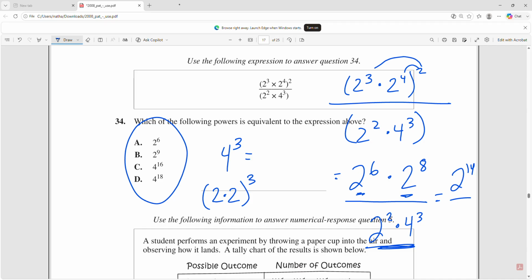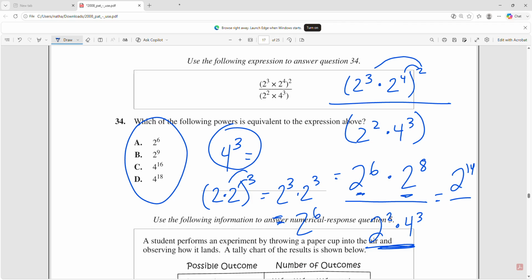So that's the same as writing, we have that cubed and that cubed, right? Same as we did before. So that would be the same as saying 2 cubed times 2 cubed. Okay, so I'm just talking about this part here. So 2 cubed times 2 cubed. Now if we use our other power rule, we add these exponents together and we get 2 to the 6.